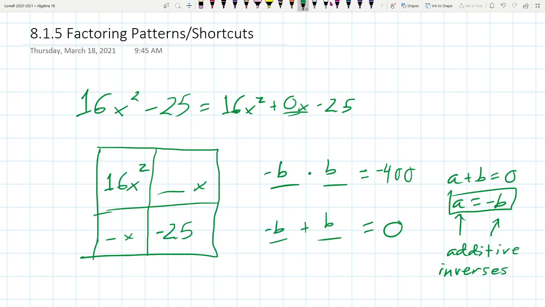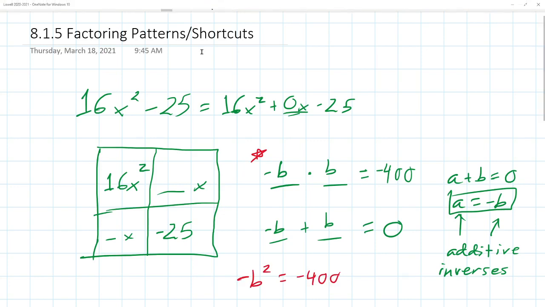Okay. Alrighty, so at this point, this is not really helpful because I don't know what that's going to be, because literally any number that b is, this would work here. But check this out. If I look at the product, I know that negative b times b is actually just negative b squared. And that's equal to negative 400. So this is something I can actually solve now.